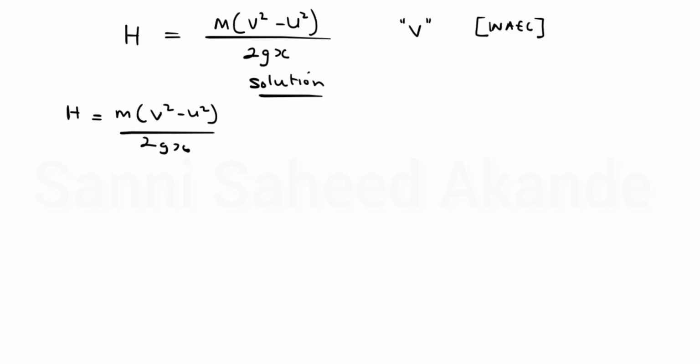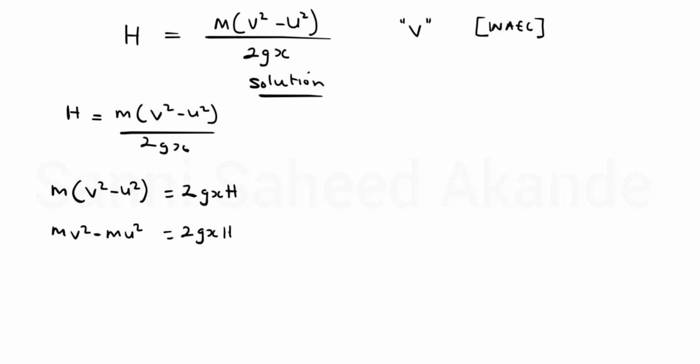Then cross multiply, you have m times v squared minus u squared, then equal to 2gx-ish. Let's open this bracket so that we have mv squared minus mu squared equal to 2gx-ish.